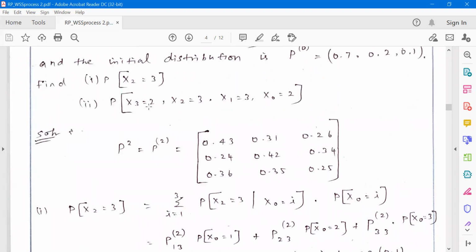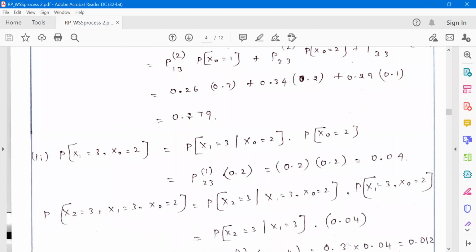And for the second subdivision, we are going to find P of X3, X2, X1, X0. First I am going to consider only the last two terms, P of X1 equal to 3, X0 equal to 2. Here is the formula for P of A given B: P of A given B is equal to P of A comma B divided by P of B. If I cross multiply, P of A comma B is equal to P of A given B into P of B. So this term is considered as 1, 0, a one-step transition: P1 of 2, 3 into P of X0 equal to 2, which is taken from the second initial distribution value.